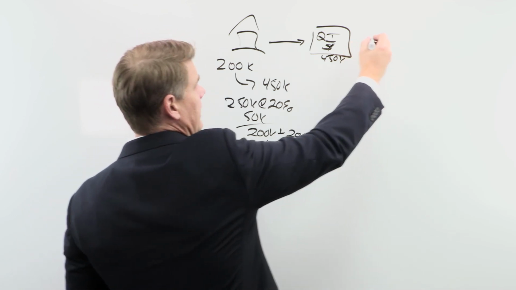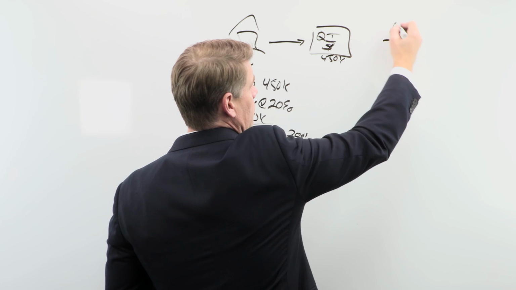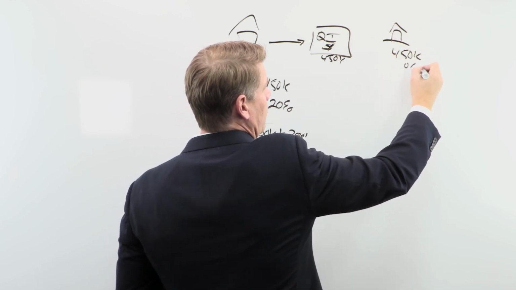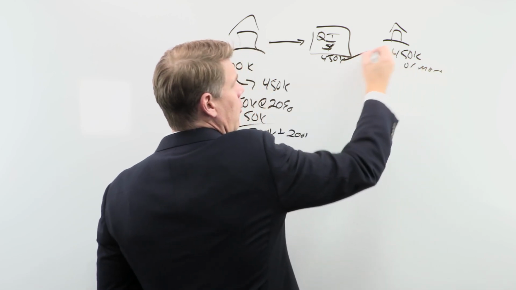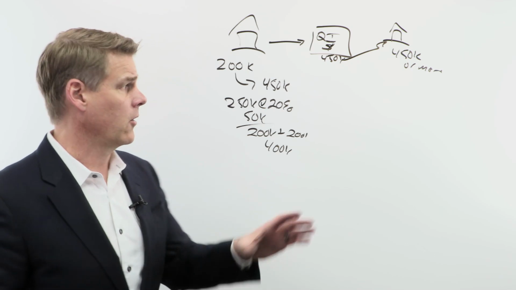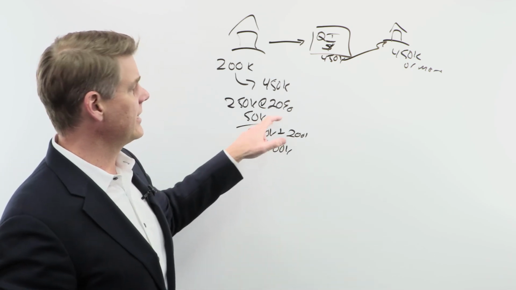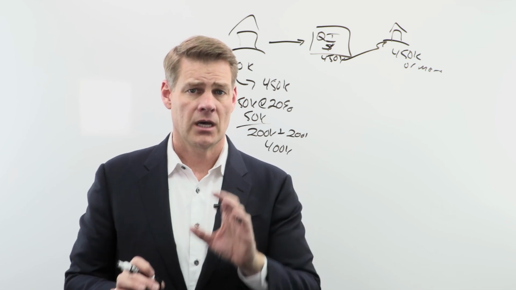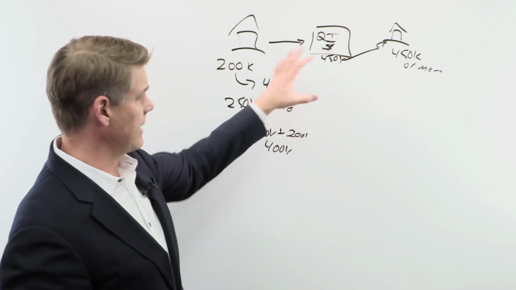You go out and find a replacement property that you want to invest into that's $450K or more, and you roll those funds into that replacement property. By avoiding paying tax, you get to keep that $50K to put into another investment.